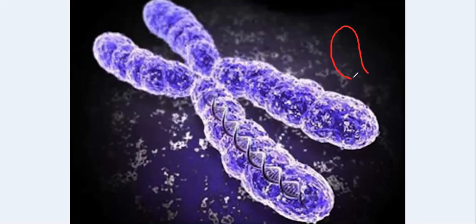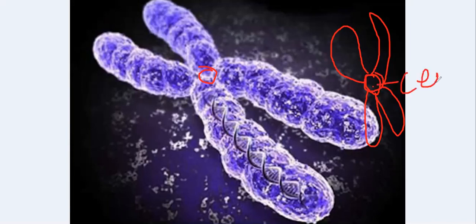If you see here, think that this is the chromosome, and in the chromosome there is a circular point called the centromere.